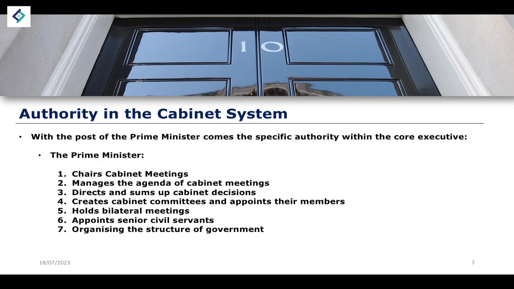All of these things are powers and authorities held by the Prime Minister. Now, again, which Prime Minister we talk about will determine the particular way in which they conduct their cabinet system.